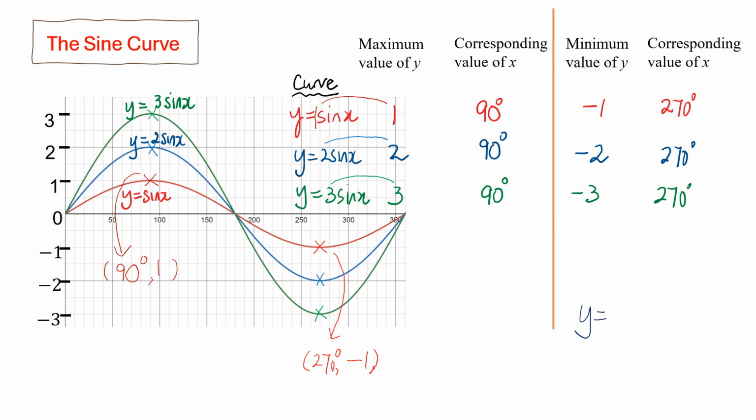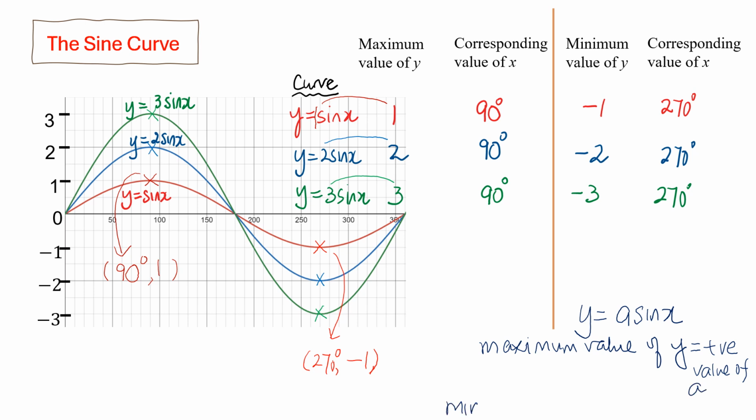Therefore, from this simple example, we can conclude that for a particular curve y equals a sine x, the maximum value of y would be the positive value of a, and the minimum value of y will be the negative value of a.